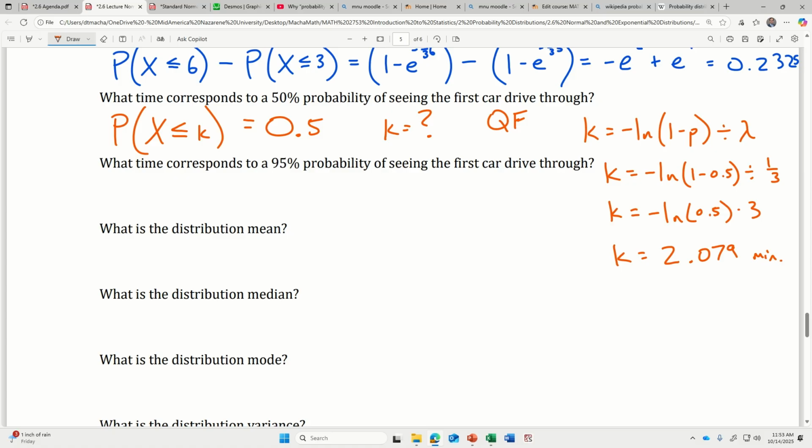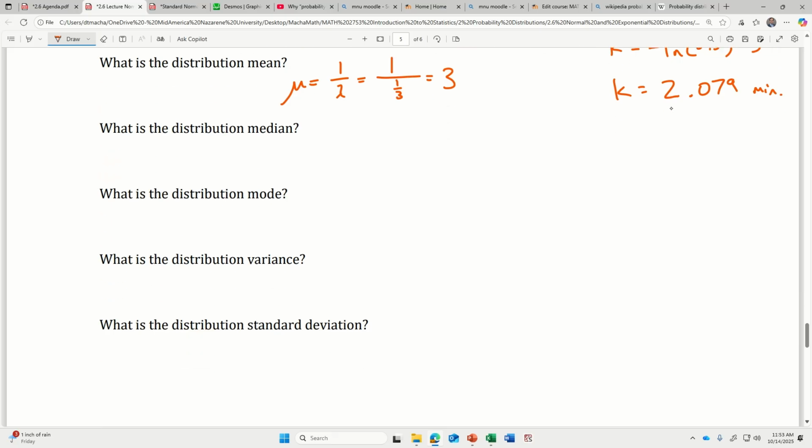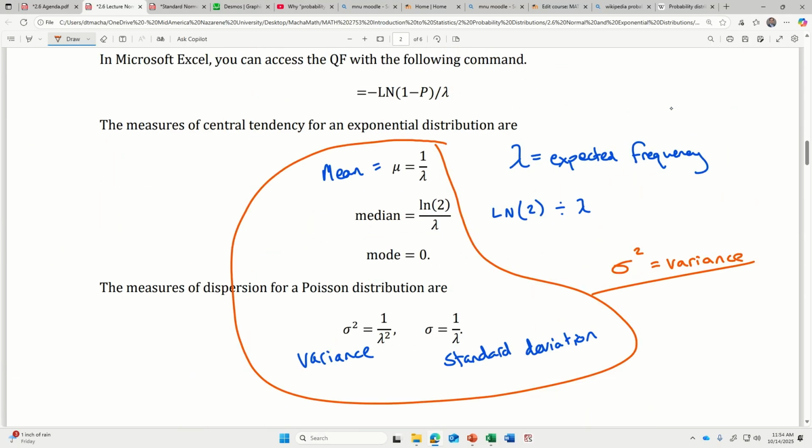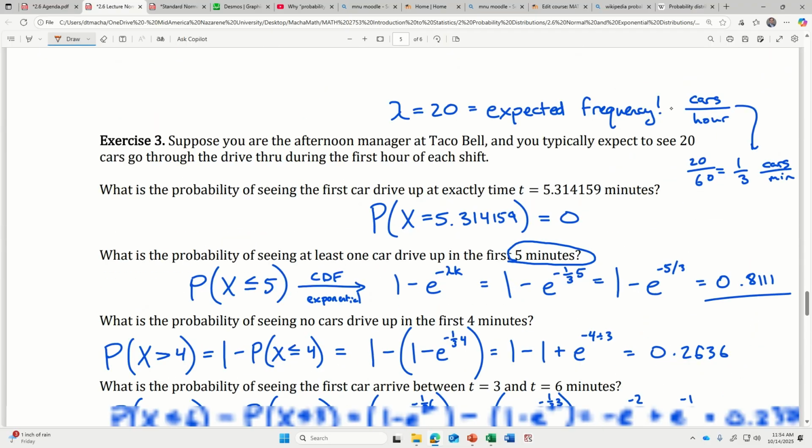What is the distribution mean, median, mode? Again, these are formulas that you have written down somewhere. What was the median of the exponential distribution? Natural log of 2 divided by lambda.